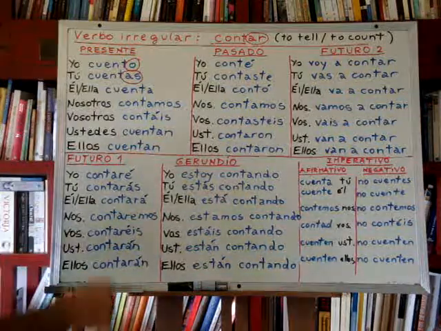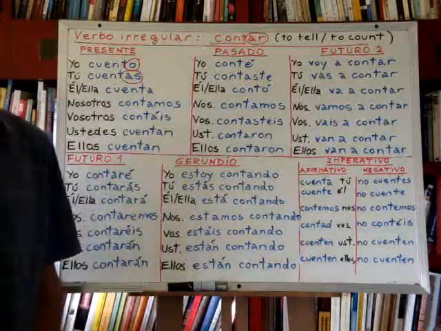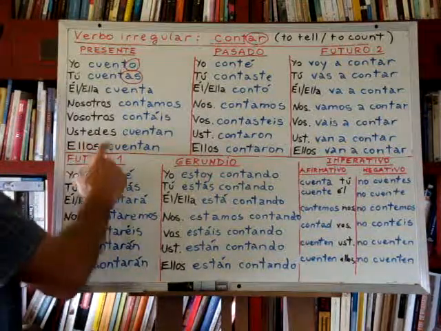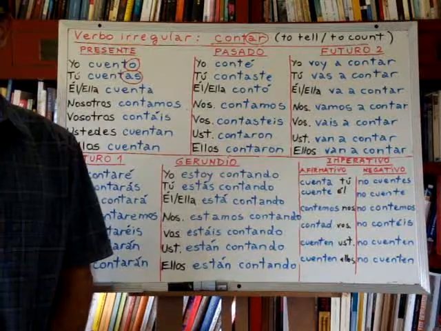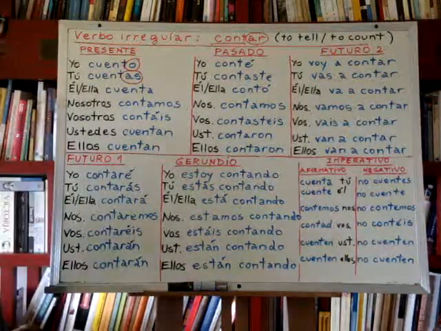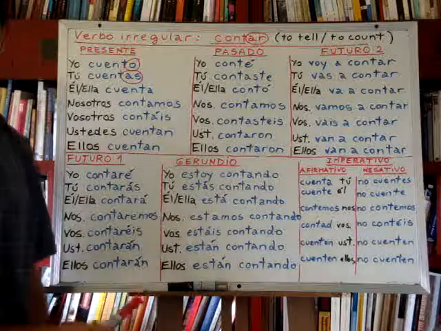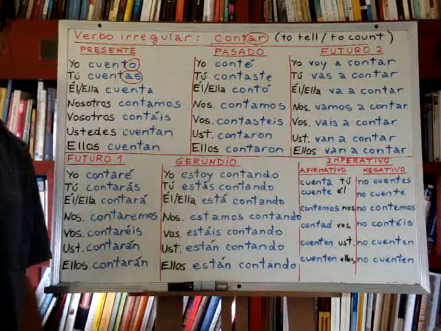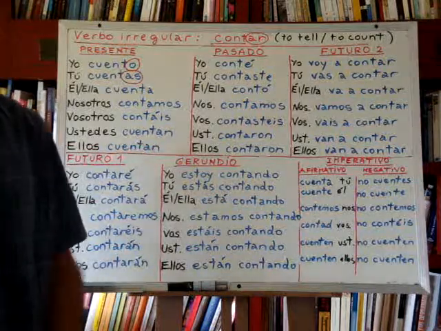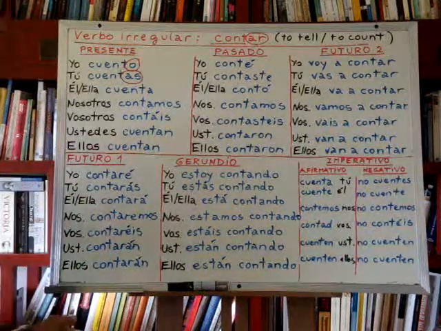We can say, ellos cuentan dinero, they count money, or ellos cuentan una historia, they tell a story, or ellos cuentan lo que yo les dije, they tell what I told them, or they say what I told them, right?